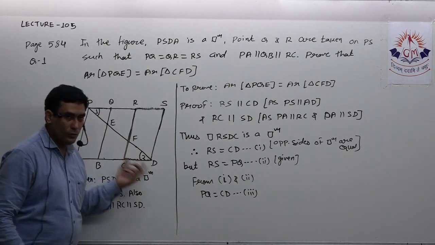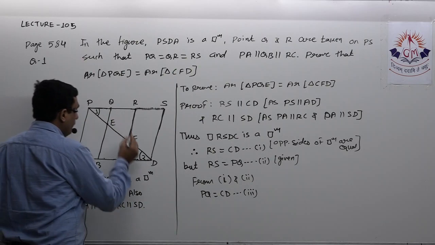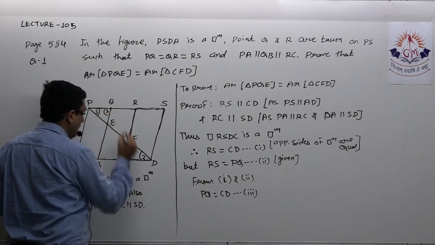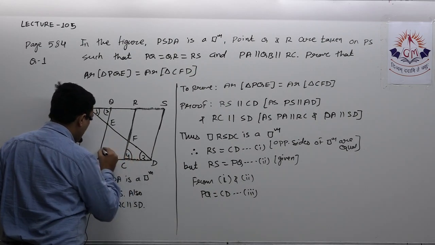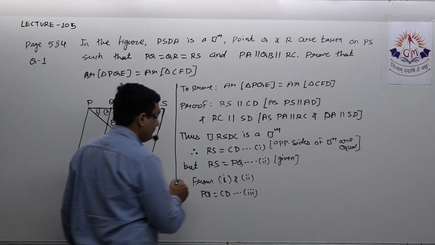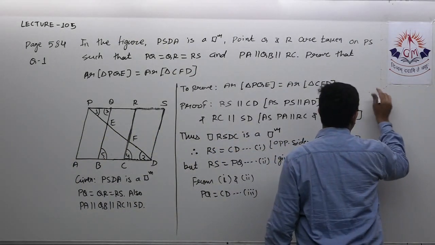Now angle 1 and 2, they are equal. We can say alternate interior angle. Now we have to prove anyhow. Suppose if I say this is angle 3 and this is angle 4. So I need to prove 3 equal to 4. So now first 3 equal to 5. Okay, so let us do the remaining over here.